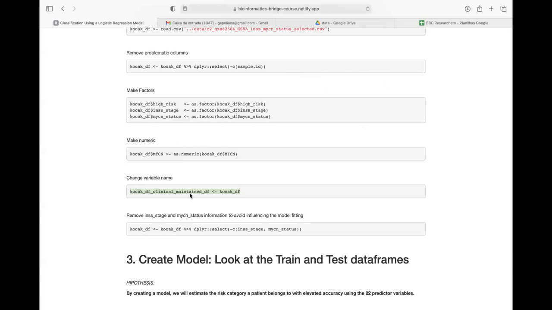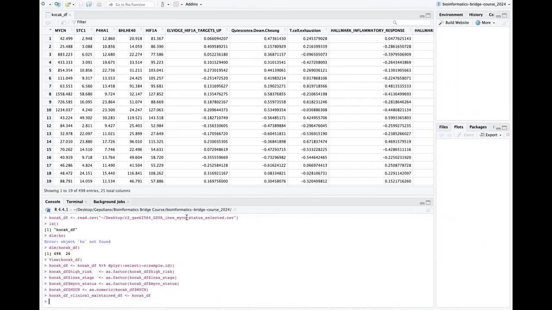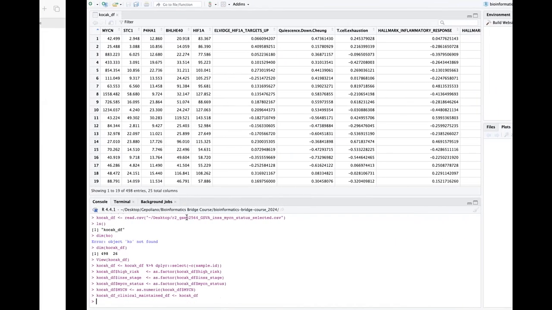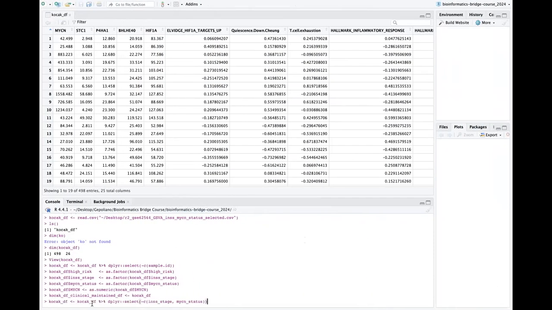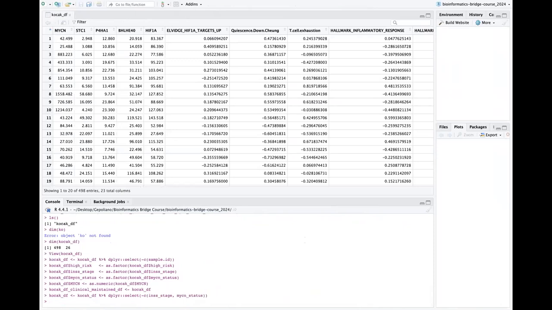So what I did was I just changed the variable name. And now I'm actually going to remove the INSS stage and MYCN status information, because what we are doing is we're classifying based on the high risk, right?